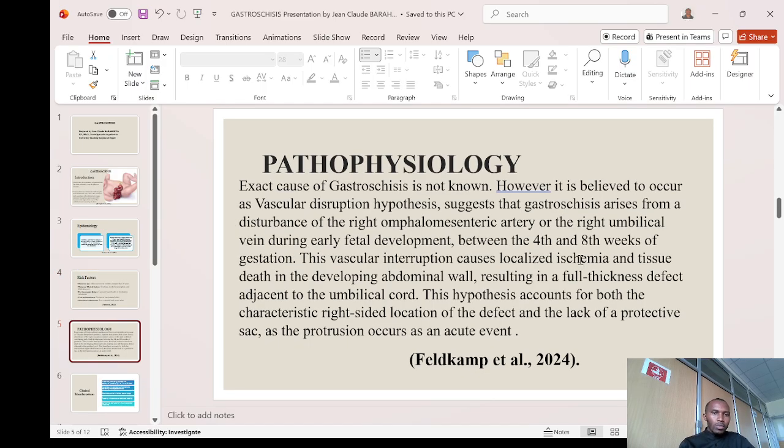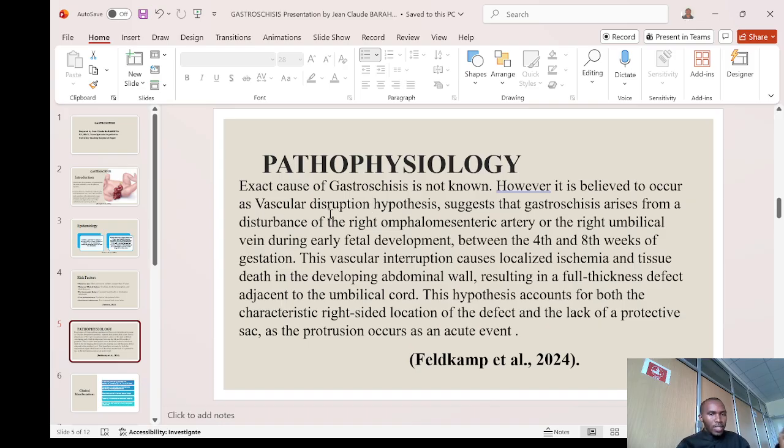Let's now see the pathophysiology, what really happens for the mother to deliver a gastroschisis baby. The exact cause of gastroschisis is not known. However, it is believed to occur by the vascular disruption hypothesis.